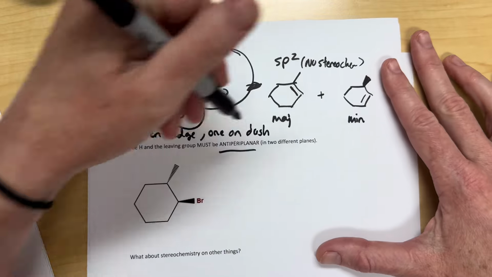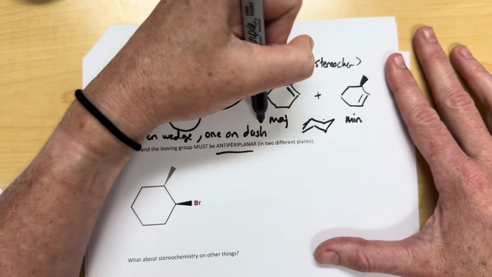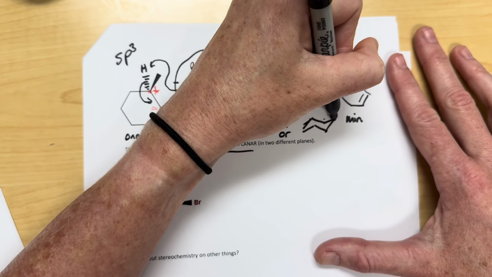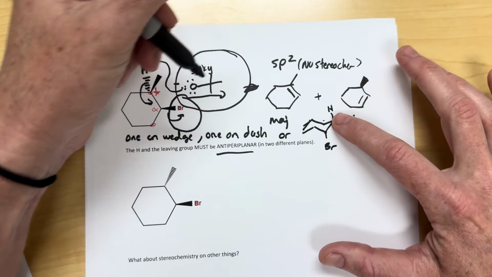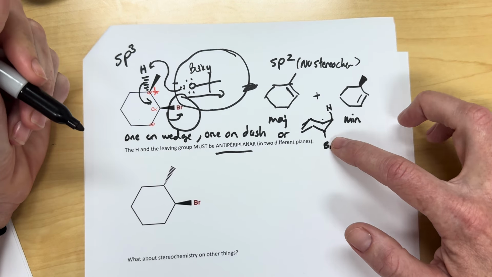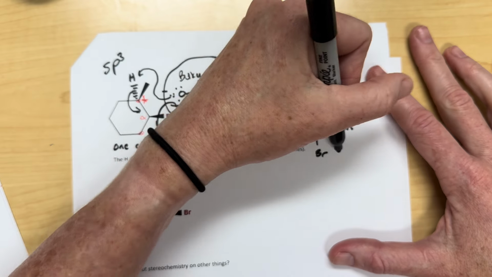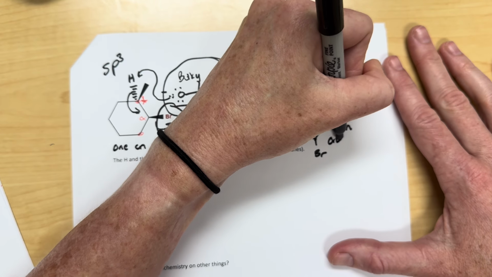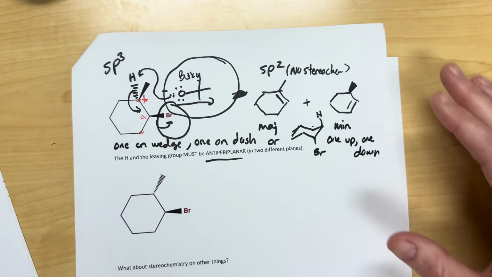Or if we're talking about a chair conformer, we're talking about one up, one down, for example. So if this were the hydrogen here and that's the bromide, this reaction could occur. But if the hydrogen was down along with that bromide, it couldn't occur. One up, one down, as an example.